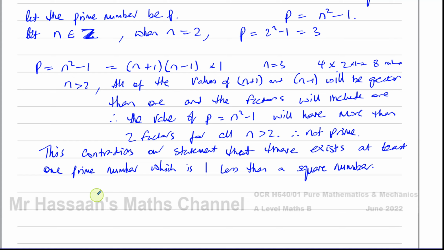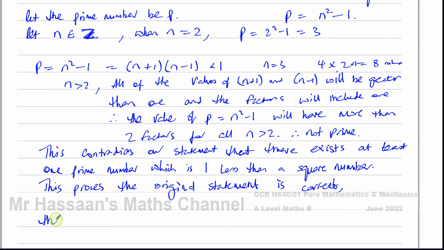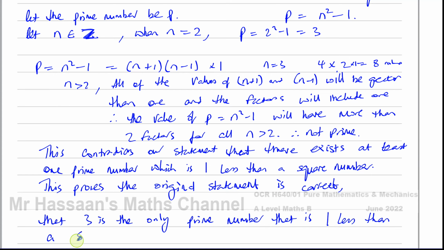And this proves the original statement is correct, that 3 is the only prime number that is 1 less than a square number.